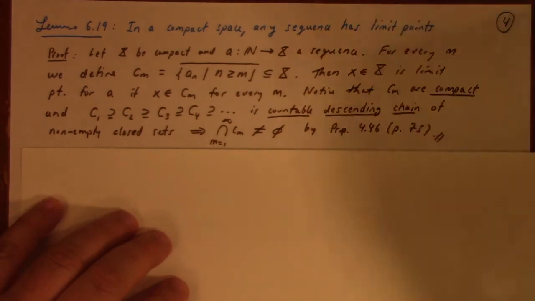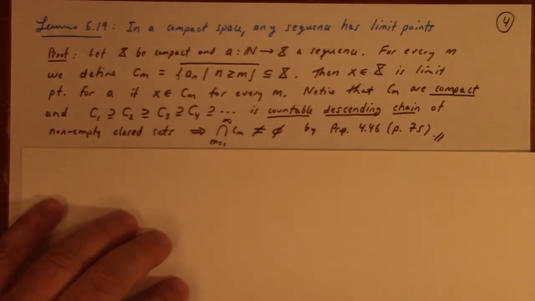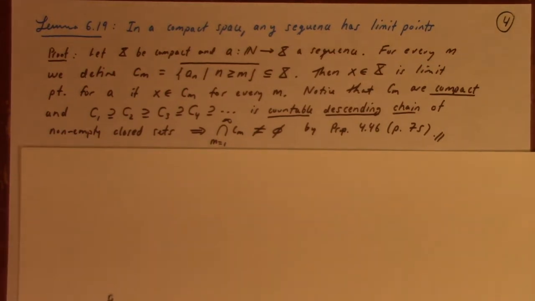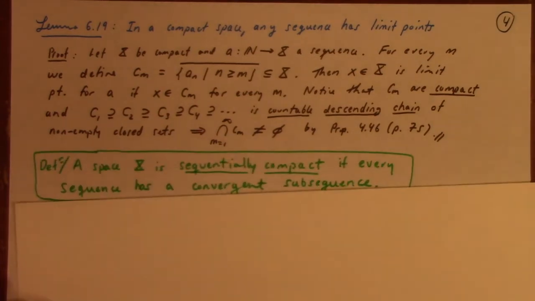Anyway, we definitely have a countable descending chain of non-empty closed sets. So by proposition 4.46 we talked about a while ago, back in the compact section, the intersection of these sets is non-empty, and so that means there's some point which is common to all of these, which is to say that there exists a limit point to the sequence A sub n. I thought the proof was interesting in that it combines a lot of different ideas that we've seen.